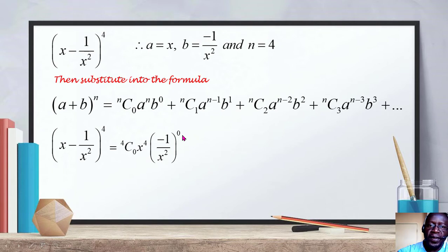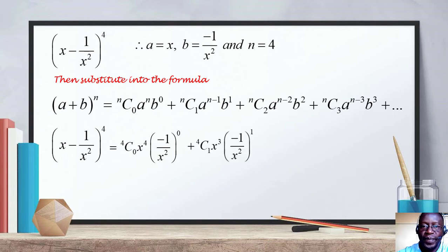Notice I have enclosed the minus 1 over x squared in brackets. Every time you come across a negative sign, it is good practice to enclose it in brackets. You're going to see a reason why as we progress in the expansion.